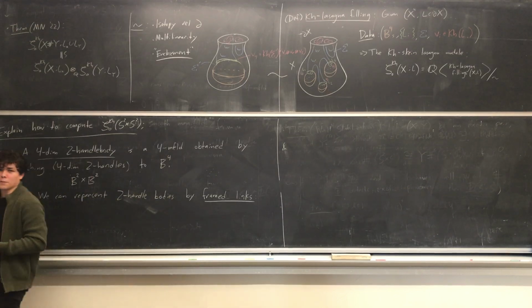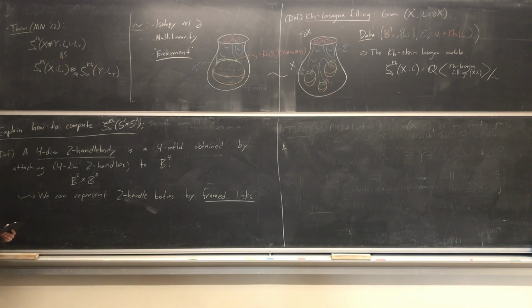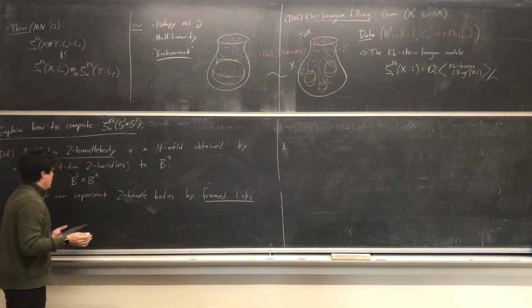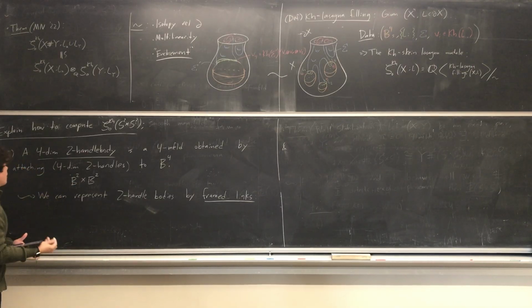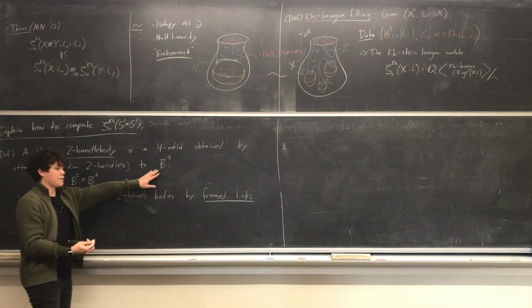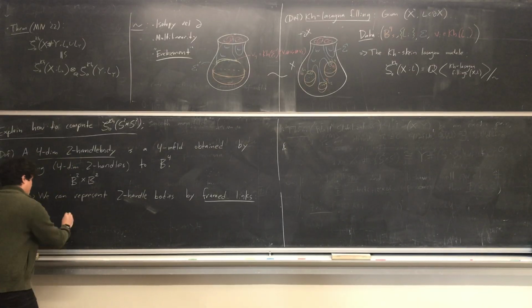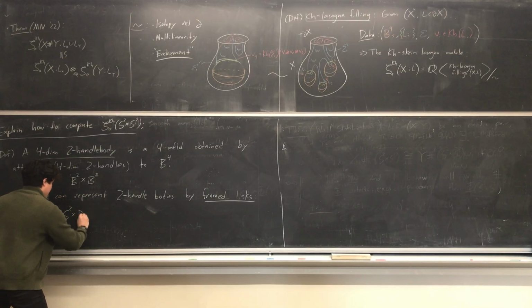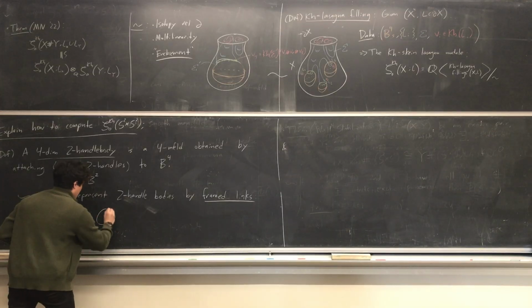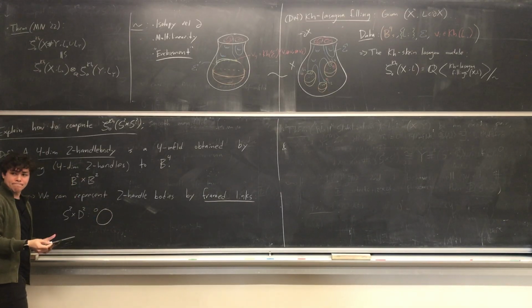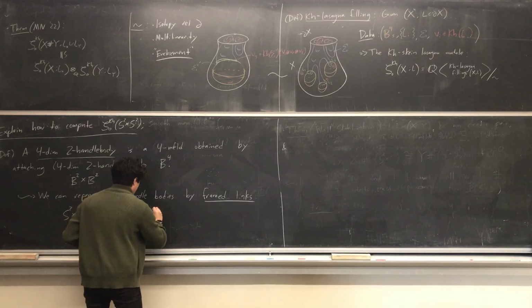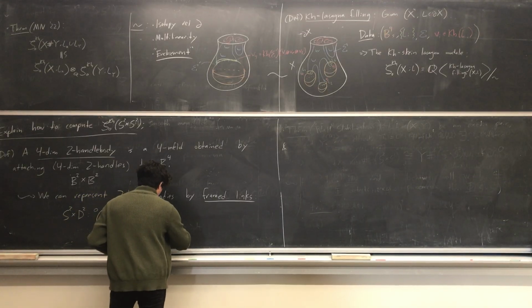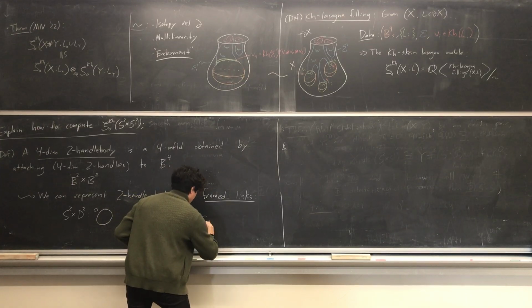Also, if this is super familiar to everybody, we can move on. So for example, if I imagine that the blackboard is the boundary of my four ball, I can represent something like S2 times D2 as a zero-framed unknot. I can represent S2 times S2 minus a four handle as the 0-0 framed Hopf link.